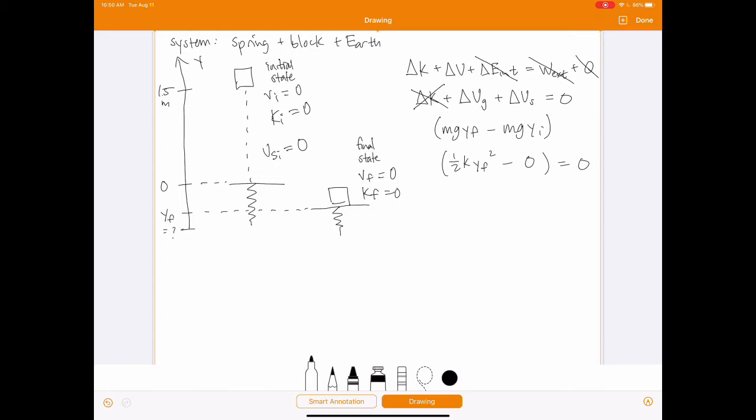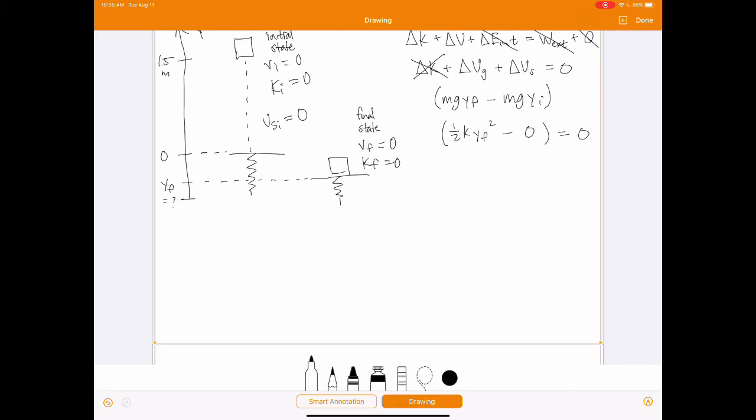So at this point, what I'm going to do is plug in everything we know. So I have 1/2 K y final squared. Well, we're given that K is equal to 474 newtons per meter. And then I have y final squared because I don't know that, it's still an unknown variable. Okay, I also have mg y final.